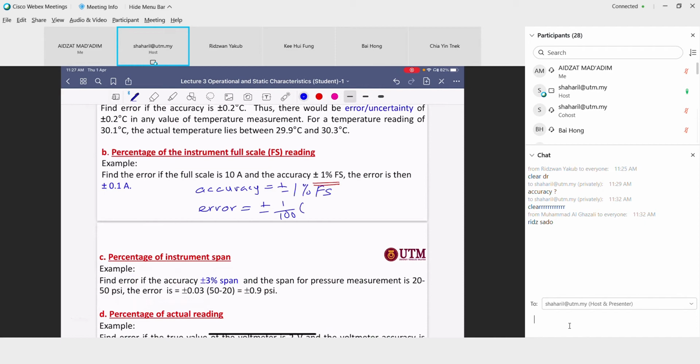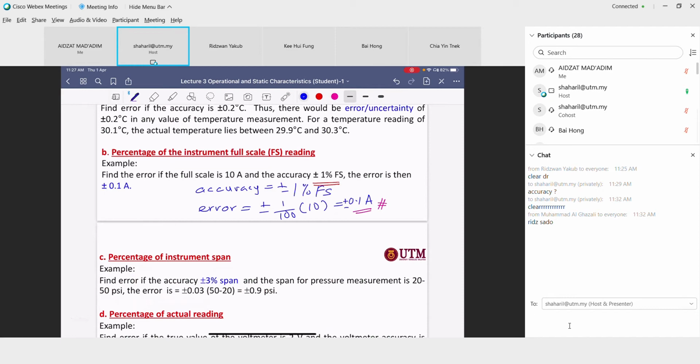Full scale is the maximum value the sensor or instrument can detect. For example, if the full scale is 10 m, then you will get the error, which is equal to 0.1 m, with the plus minus.